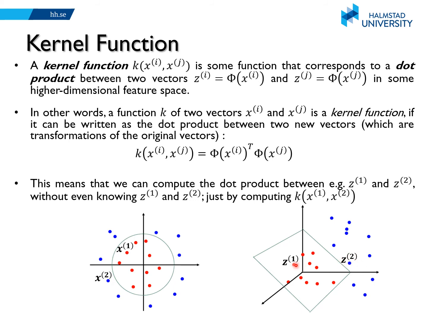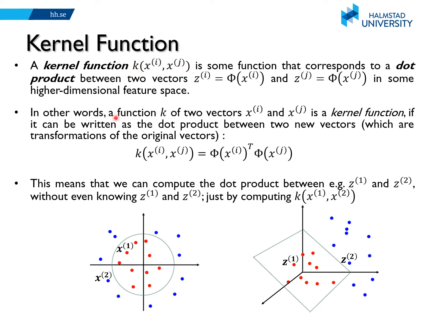Now, if you want to compute the dot product between z1 and z2, then you can do that directly here in your original feature space by computing the kernel k of x1, x2. Because k of x1, x2 corresponds to the dot product between z1 and z2. So basically, without knowing z1 and z2, you can just compute the dot product between them just based on your original feature space, k of x1, x2.